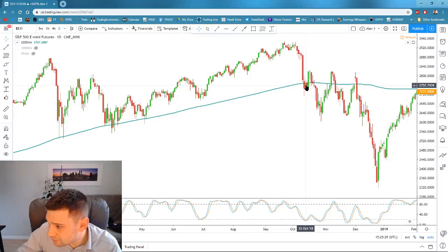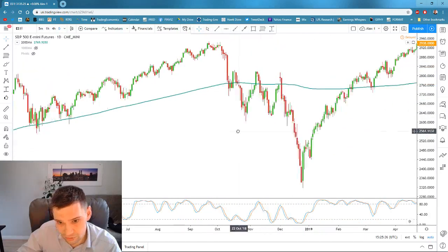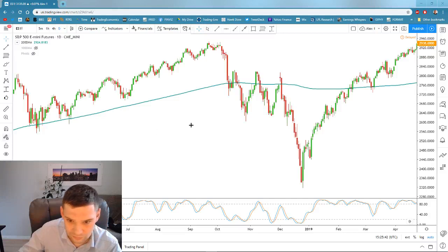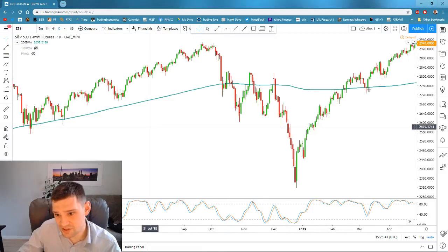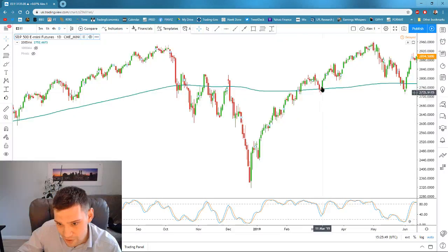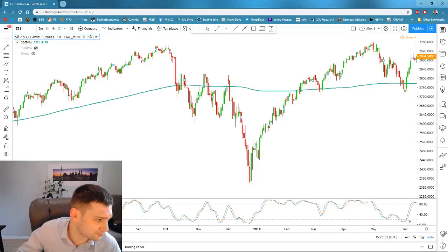And again here, but a bit of a loser, right? Bit of a loss there. And here, see, we've got the hammer candle off the moving average. Awesome little reversal pattern there, and we've got a winner.